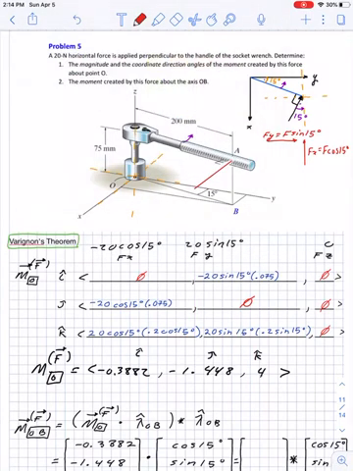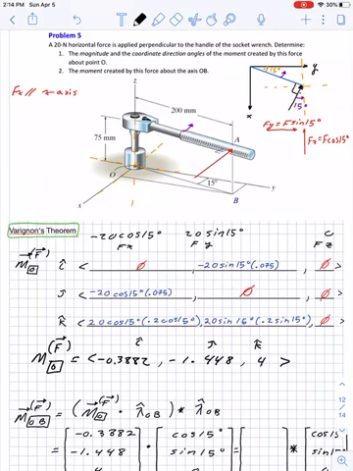So now we can see that f of x is parallel to the x-axis, and that's one thing that we should know.